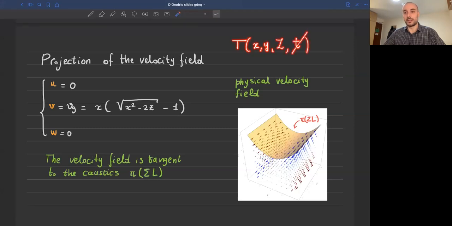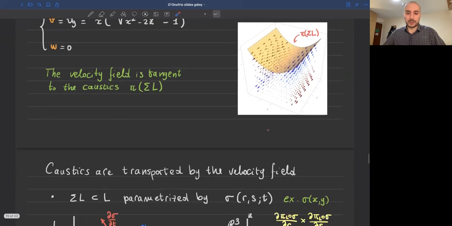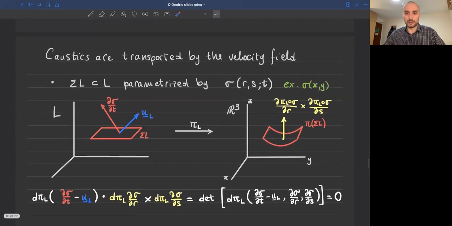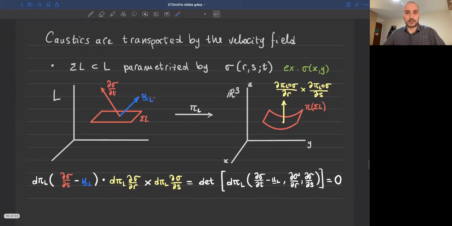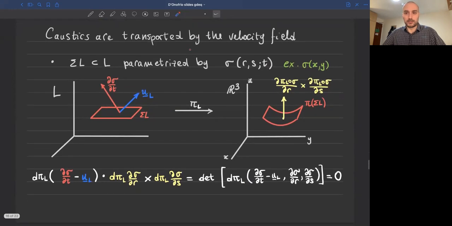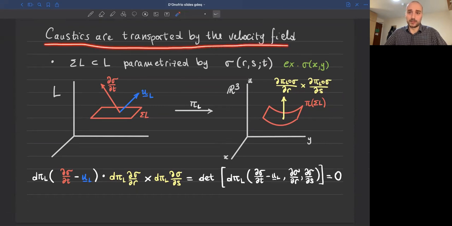There is no dependence on time in this example. And that's why the velocity field is just parallel to the caustics. But if we introduce some dependence on time, which is not so difficult to do, then we can prove, it's easy to see, that caustics are transported by the velocity field.